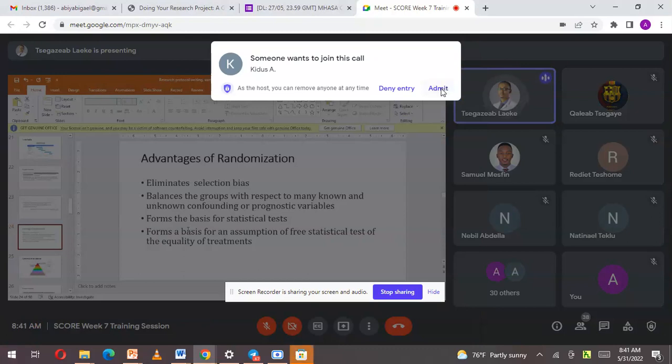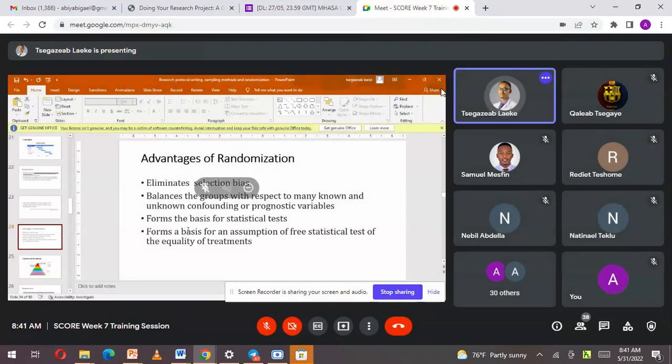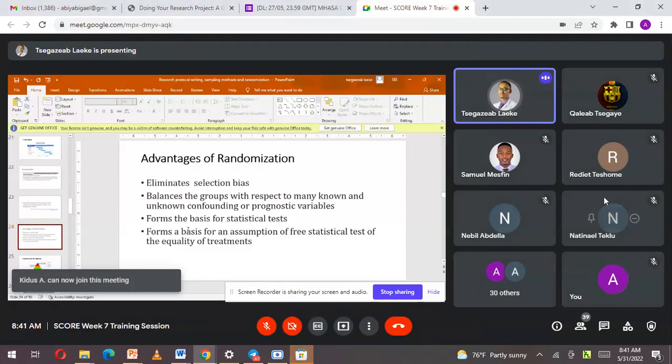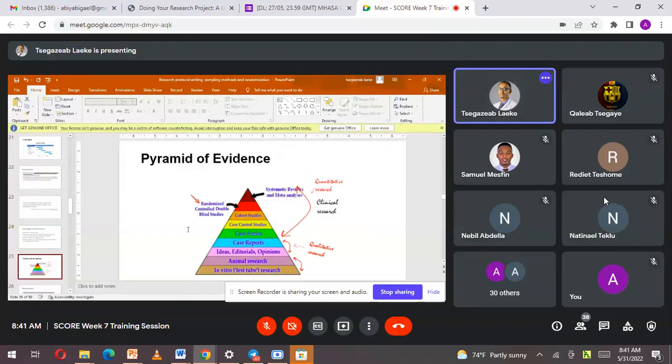The advantage of randomization is that it eliminates selection bias, and also it balances the groups with respect to many known and unknown confounding or prognostic variables. It also forms the basis for statistical tests, and it forms a basis for the assumption of statistical tests of the equality of treatments.